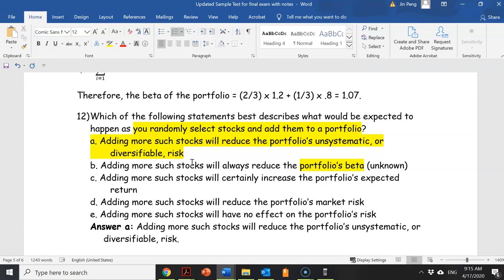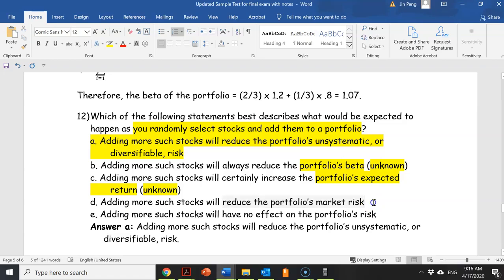The beta of the new portfolio can be larger or smaller than the old beta, so it's unknown here. Portfolio's expected return is also unknown, because the expected return of the new portfolio could be larger or smaller than the expected return of the old portfolio. It depends on the return of the newly added stocks and the old stocks.